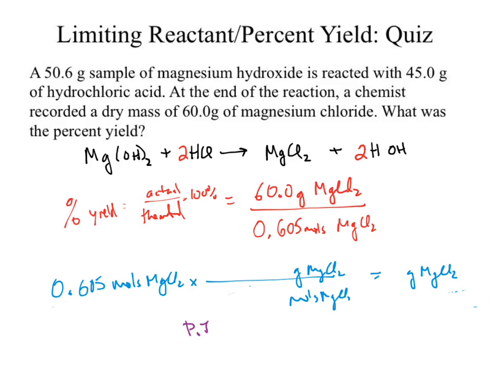The numbers we put in there would be 1 mole for sure. Anybody actually calculate what magnesium chloride was? 95.2 grams of magnesium chloride, which gives us our theoretical yield in grams. And punch in our calculator, and we'd end up with our percent yield.